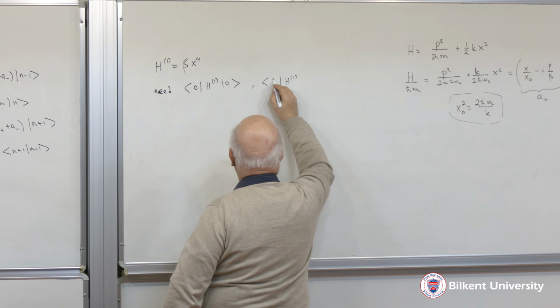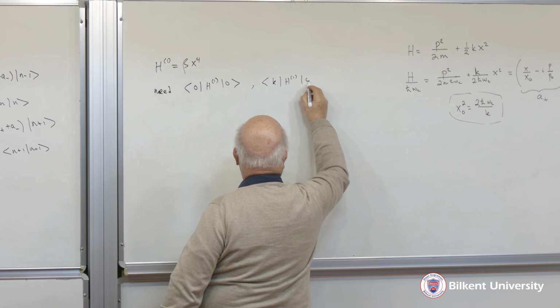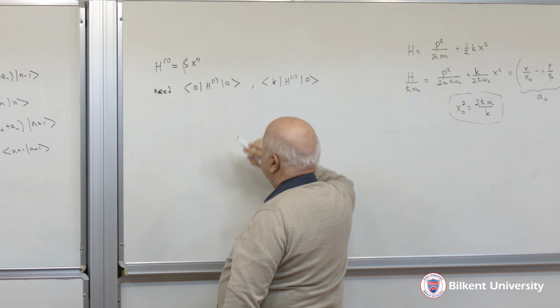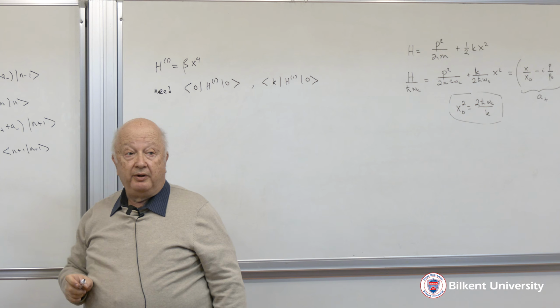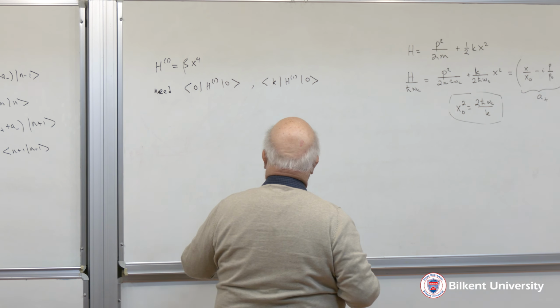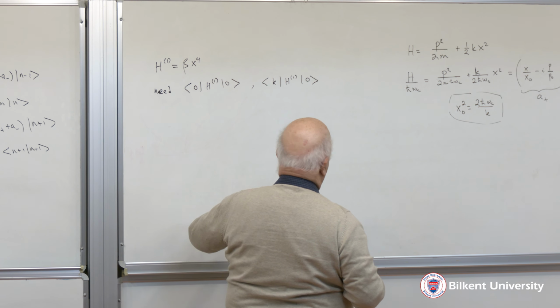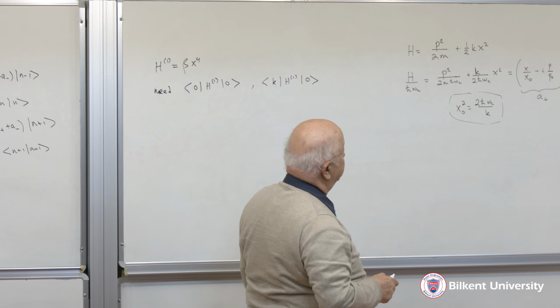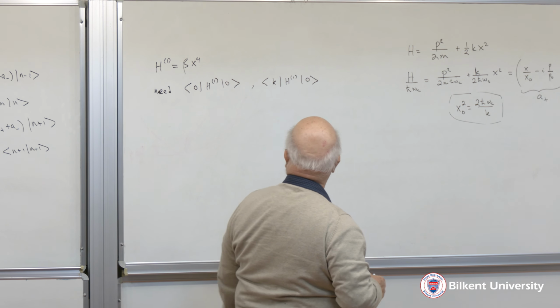Okay, let me put the 0 on the right again. Things like that, for some general k. So I need to find out, okay, so the best strategy perhaps is to find out what happens when H1 hits on the ground state, because it's going to generate some stuff.